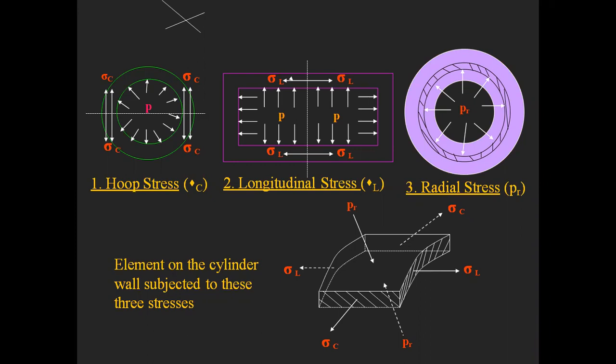And one more thing, all these three stresses are mutually perpendicular to each other. This is what you need to know before going into depth on how to calculate the hoop stress, longitudinal stress, and radial stress.